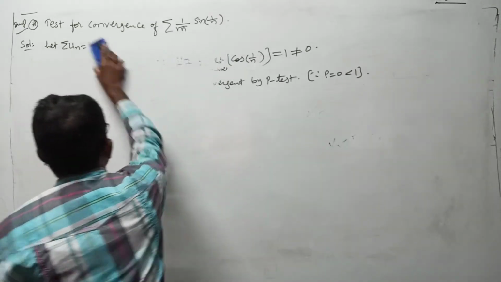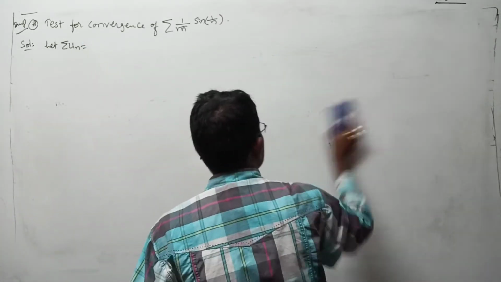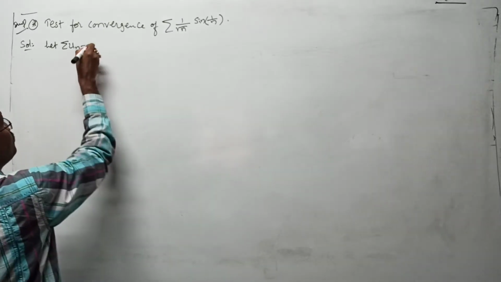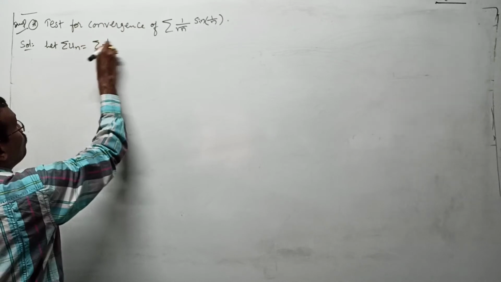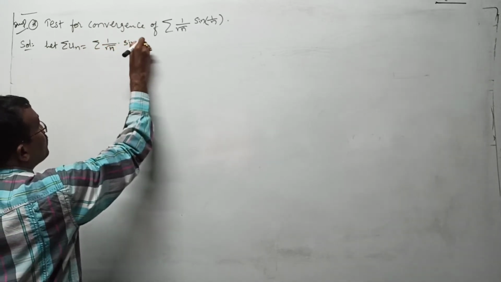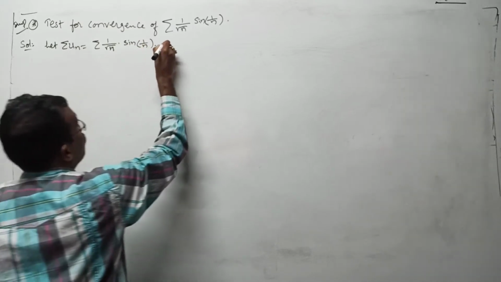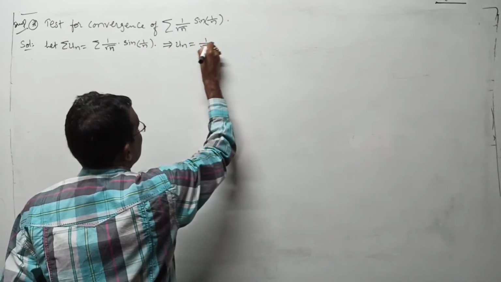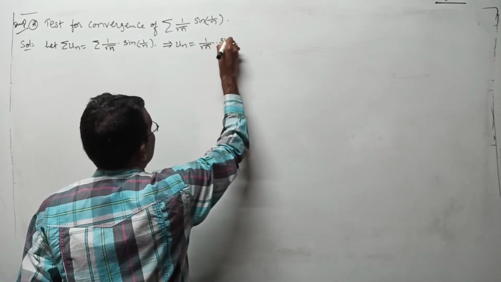Let sigma Un be the given series, sigma 1 by root n into sine of 1 by n. From this, Un is equal to 1 by root n into sine of 1 by n.